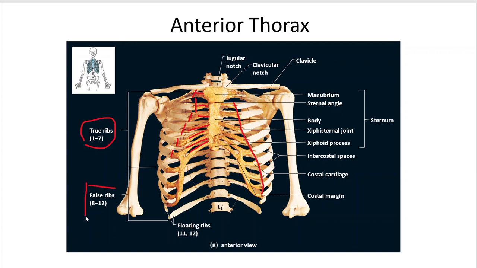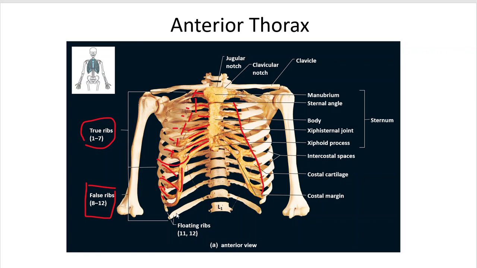The next 5 are called false ribs because they don't attach to the sternum directly. So number 8, 9, and 10 here are false ribs because their cartilage doesn't attach to the sternum, it attaches to another piece of cartilage.